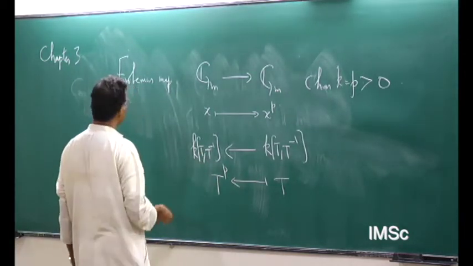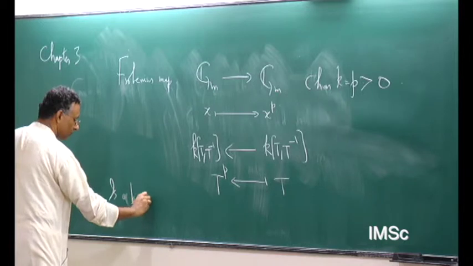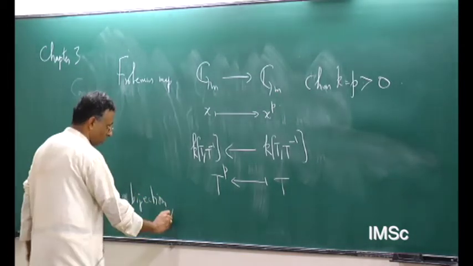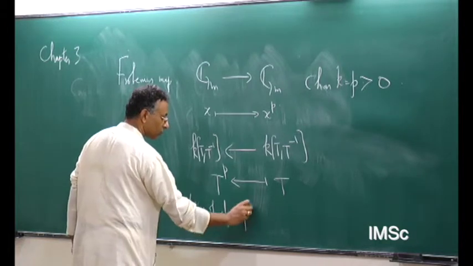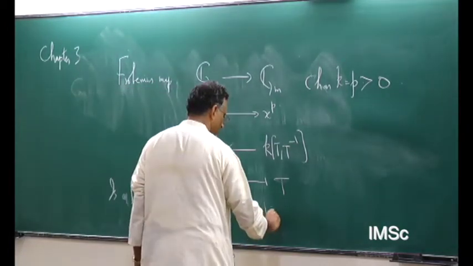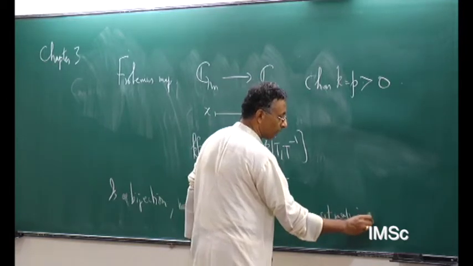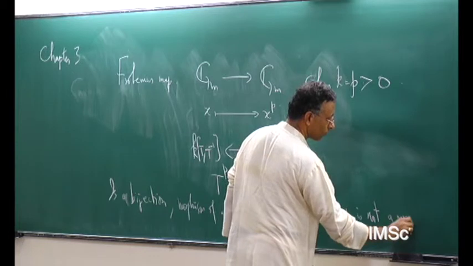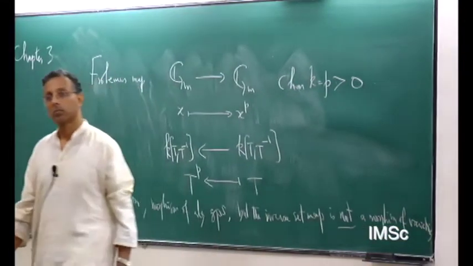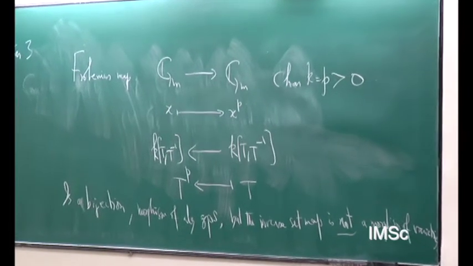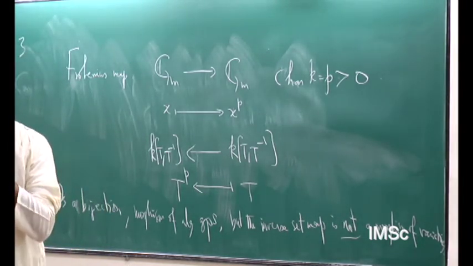So this is a bijective morphism of algebraic groups, but the inverse set map is not a morphism of varieties.